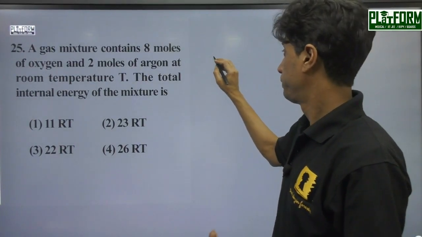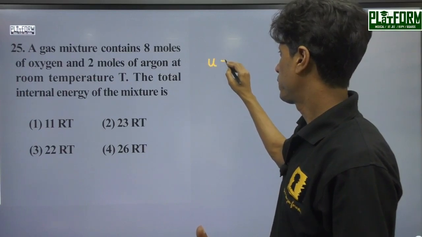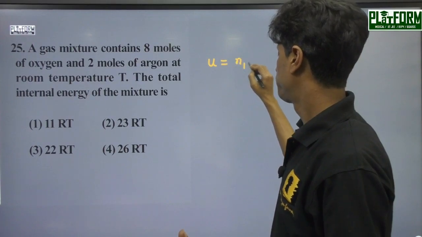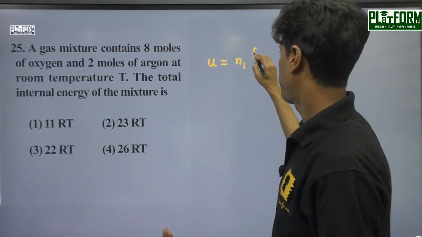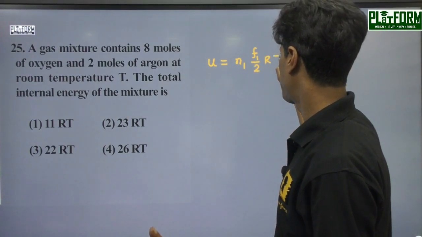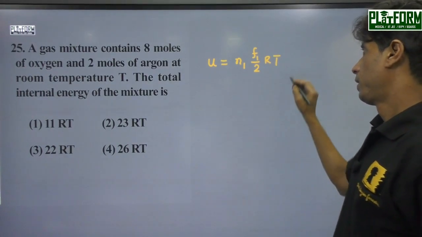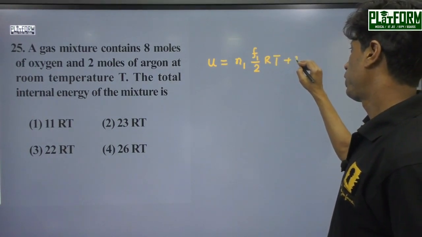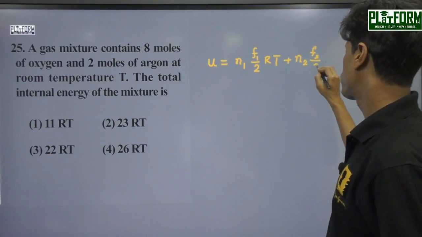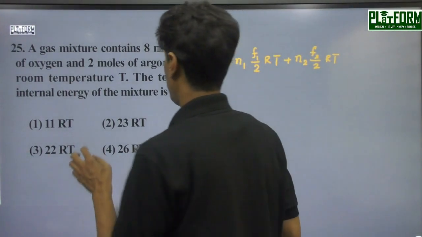We know again the internal energy is N1 F1 by 2 into RT, where the temperature of the mixture is T. Similarly, N2 F2 by 2 into RT.